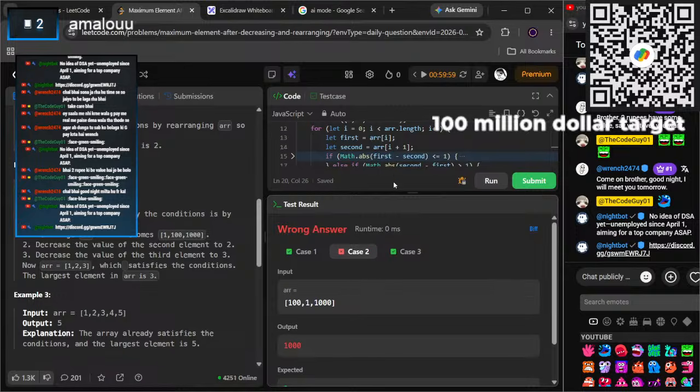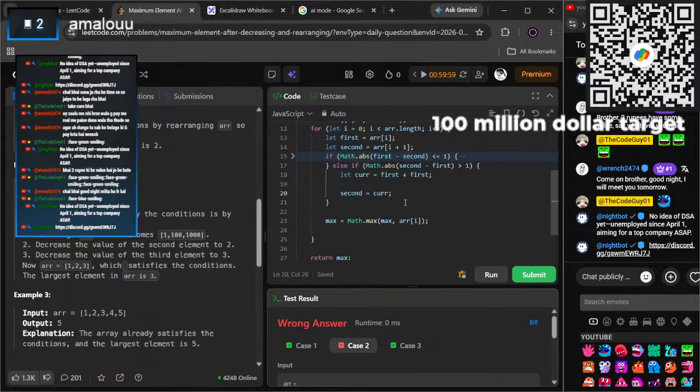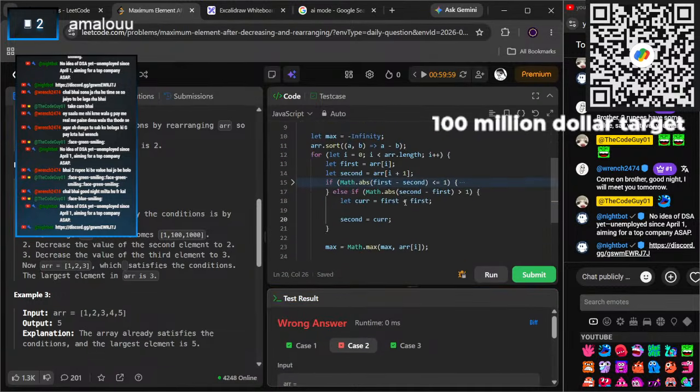Okay, my logic isn't working, it's not able to manipulate the value. Wait a minute. Can't I directly store like this?